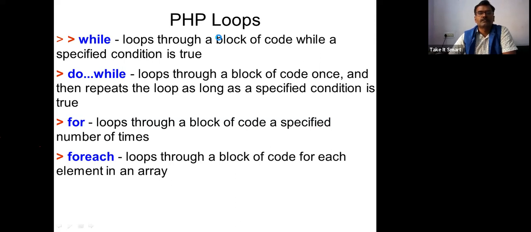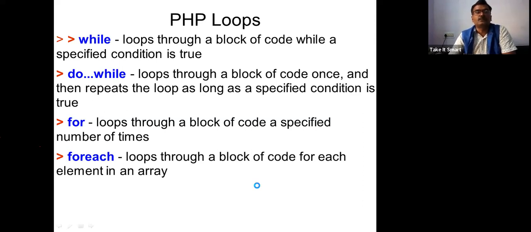Okay, fine. So for loop. What is a for loop? A for loop also does the same work that the while loop does, but it has a different way of working. It has three sections: initialization section, comparison section, and increment and decrement section.